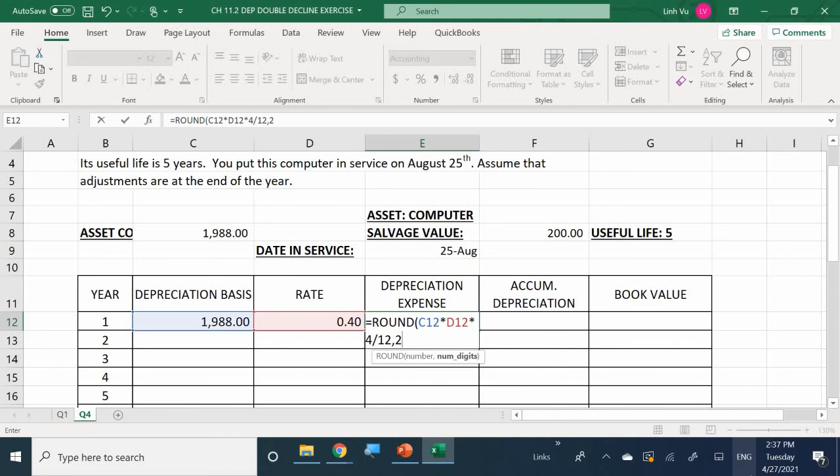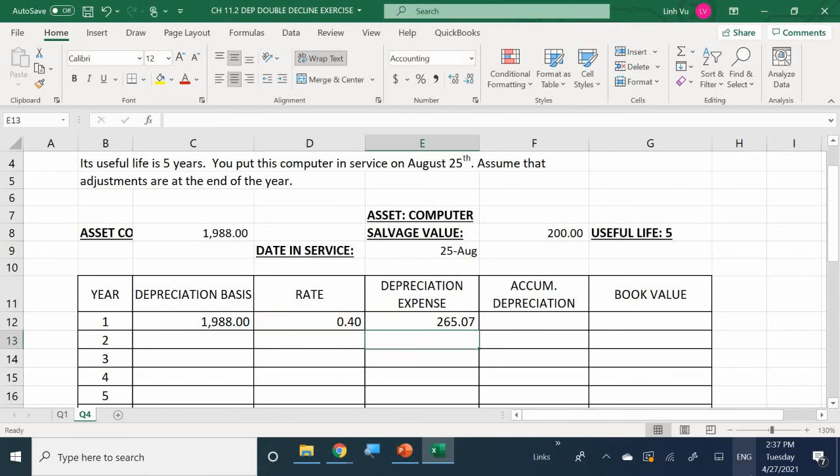I'm going to do a comma 2 to secure how many decimal places I want. So in this case, my answer is 265.07, because this is 1/3 of $795.20. That's the answer you should get. This is how much I can depreciate it for because it's only 4 months old.